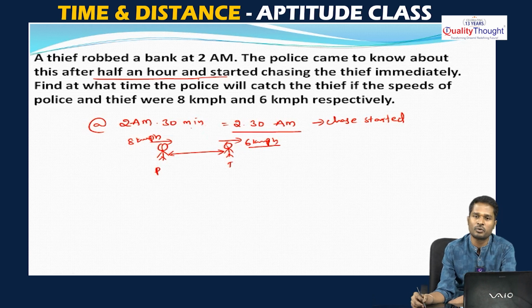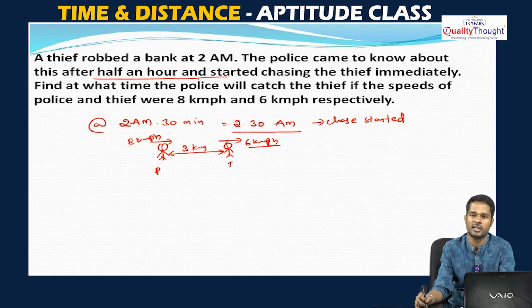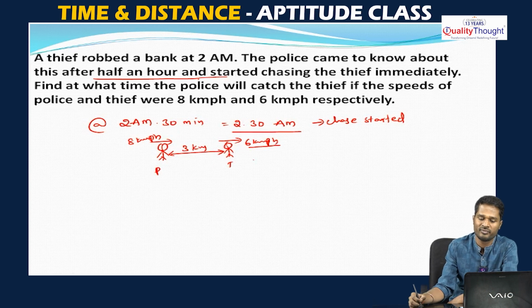In 1 hour he will go 6 kilometers, so in half an hour he will go 3 kilometers. That means when the distance was 3 kilometers between thief and police, the chase started.